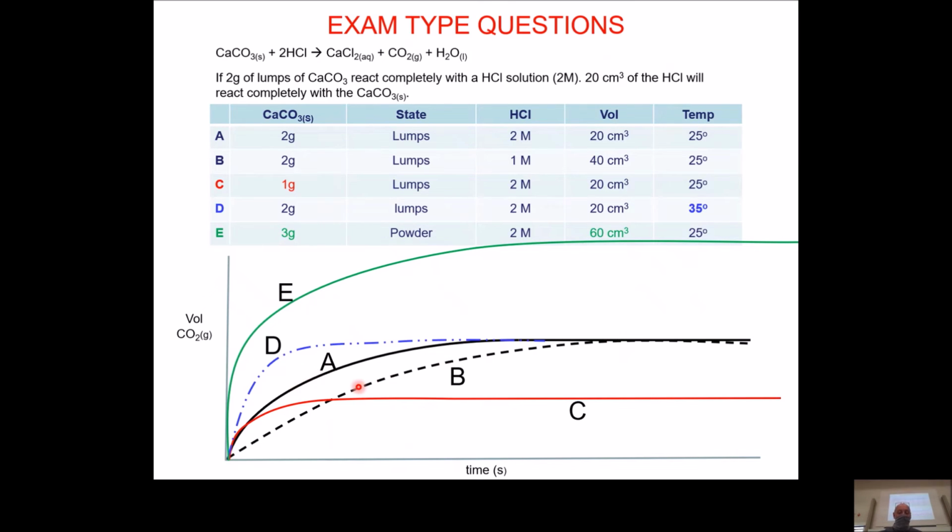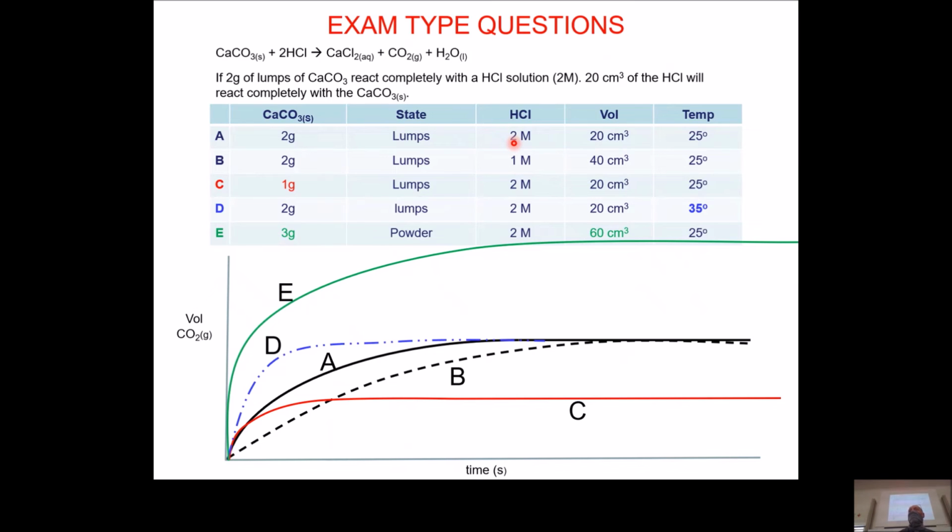So then why is B the slowest? Well, B has got lumps and it's only got 1 molar HCl. You're getting the same amount of stuff because you double the volume, but that's a slowing down factor. Whereas with A, you've got a higher rate than B because you've got an increased concentration of it.